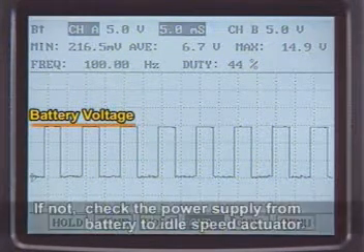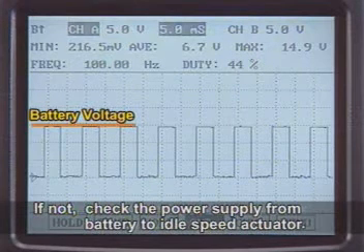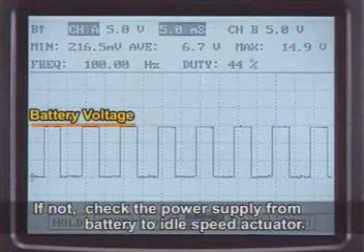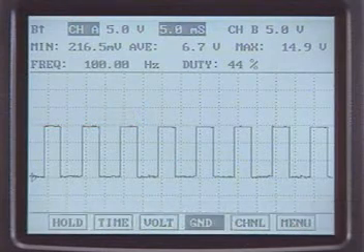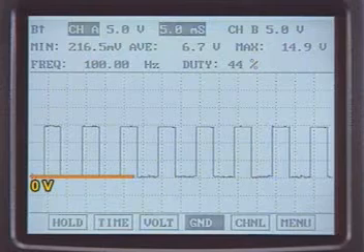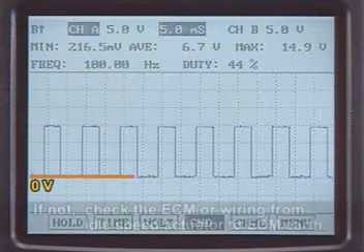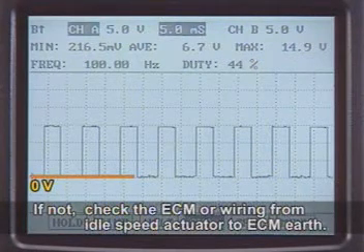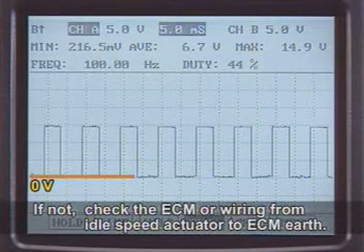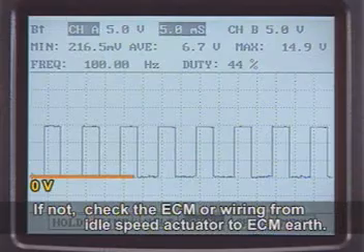If not, there should be trouble in the power supply system from the battery positive terminal to the idle speed actuator. Besides, voltage should be close to 0 volt as shown in the figure while it's on. If not, there should be trouble with the ECM or wirings from the idle speed actuator to the ECM earth.